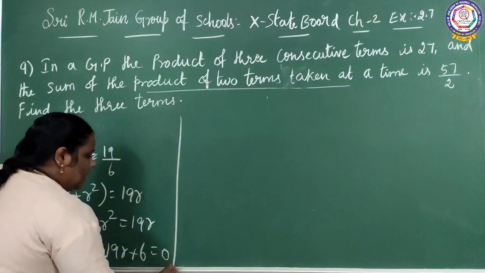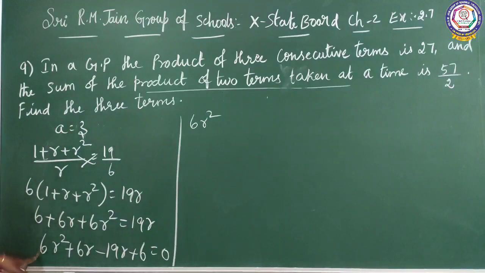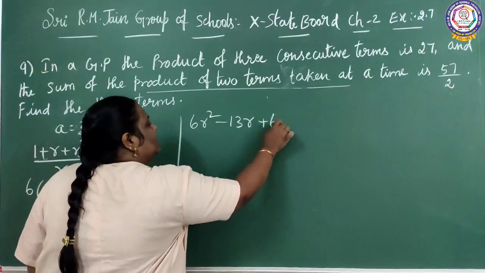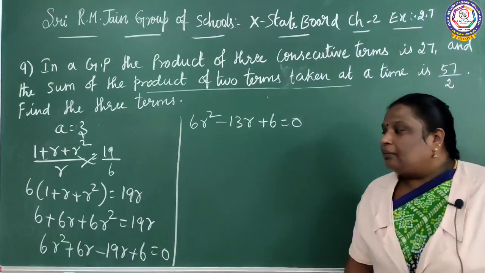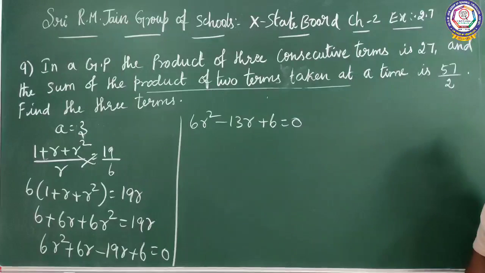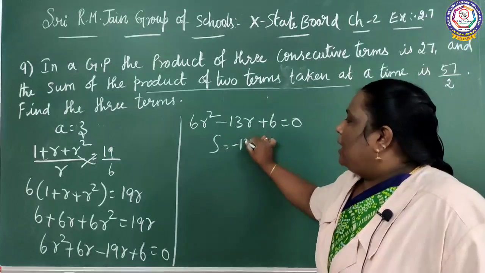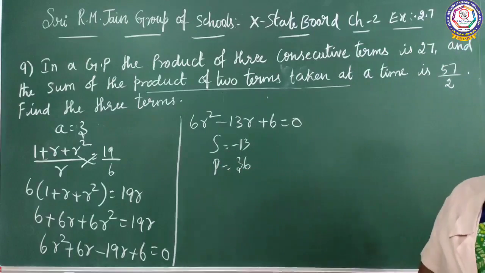Okay, see here, 6r square minus 13r plus 6 equal to 0. What is the sum? Sum equal to minus 13, product equal to 36.